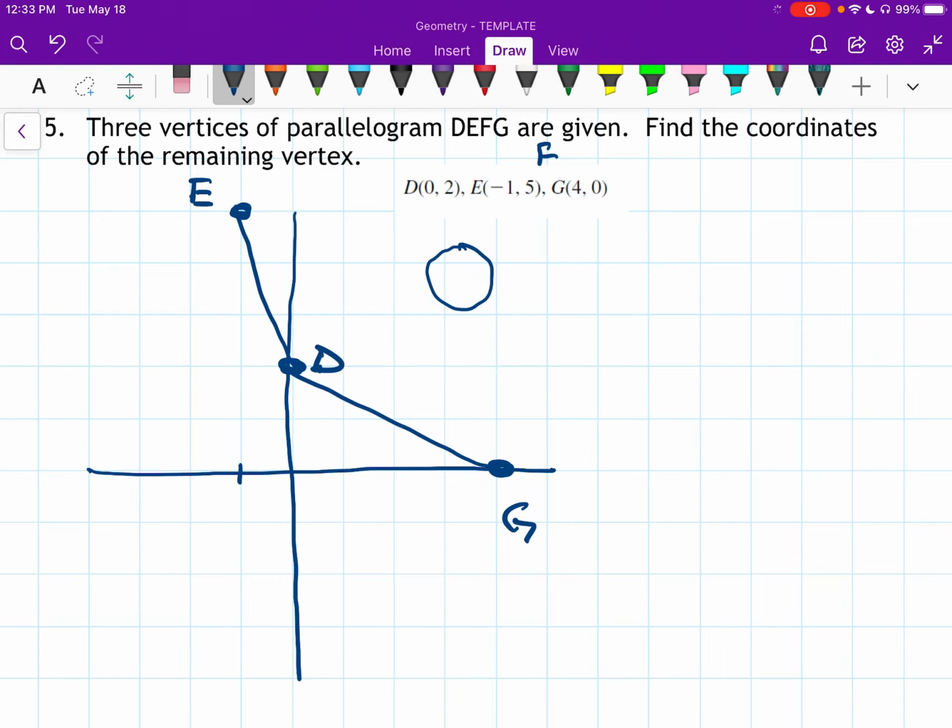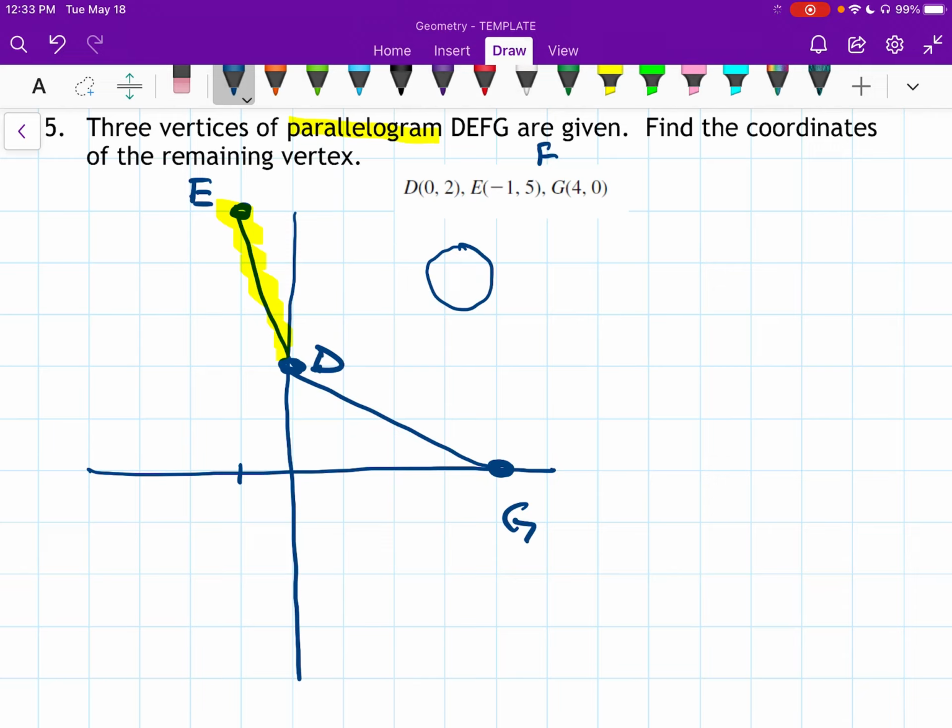So let's think about this. We're trying to find our last point. We know that a parallelogram has opposite sides that are parallel, right? Whenever we're talking about a coordinate plane, we could think about lines and think about parallel lines. Parallel lines have the same slope. So let's look at this line's slope.